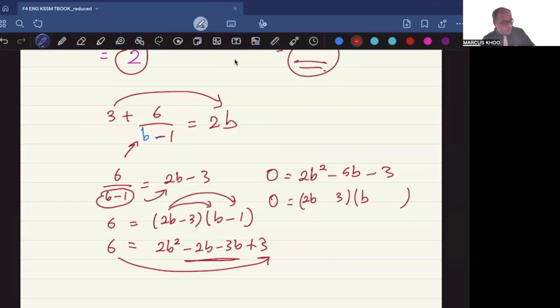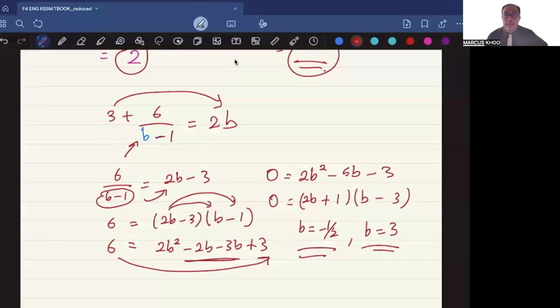This will be 3 and 1. Oh, no, cannot. This will be 1 and 3. Here 1, here 3. This will be minus, this will be plus. So then this one you will get B equals negative half, and this B equals 3. So both are possible values of B.